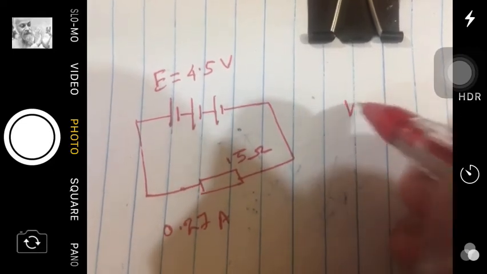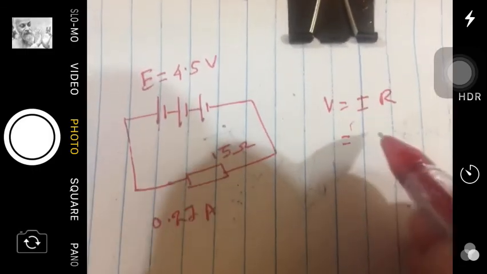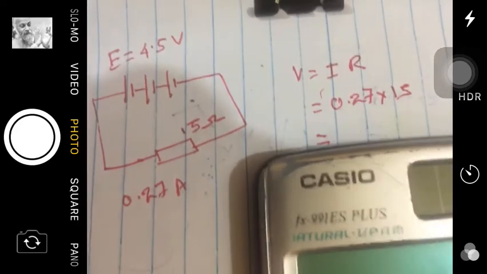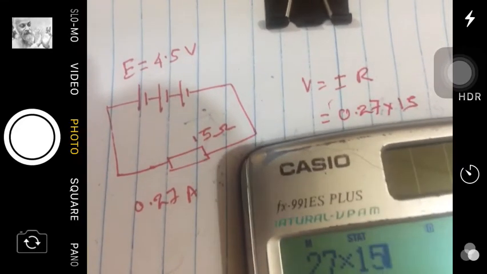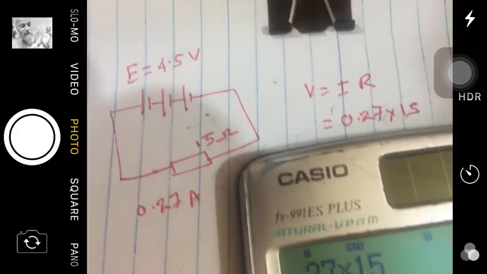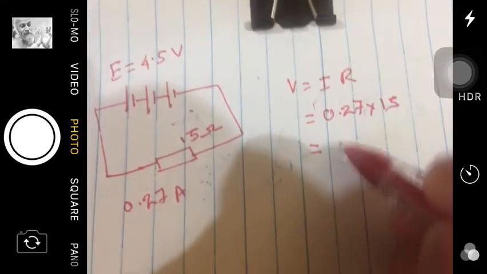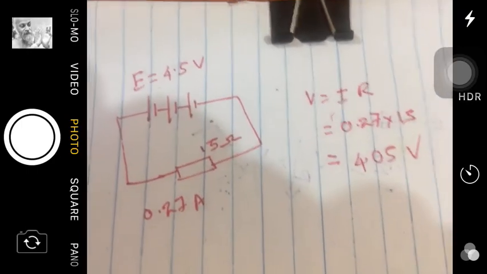Now V is equal to I times R. 0.27 times 15 is equal to 4.05 volts. So 4.05 volts, that is 4.05 joules per coulomb.